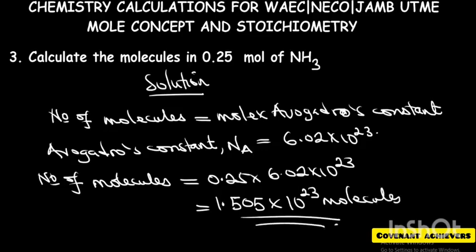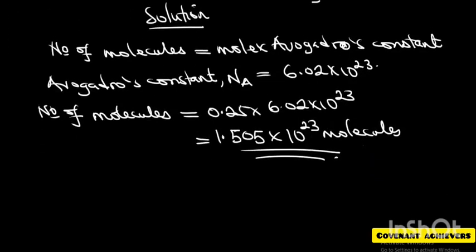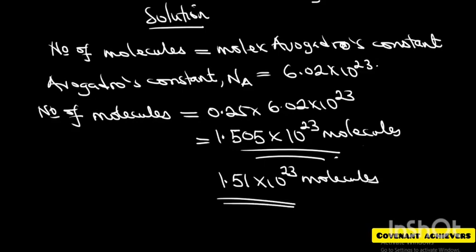So that is how we calculate the question. 1.505 times 10 to the power 23. And since the Avogadro constant is given up to 2 decimal places, you can have this one too as 1.51 times 10 to the power 23 molecules, whichever way, and that's the number of molecules that you were asked to calculate.